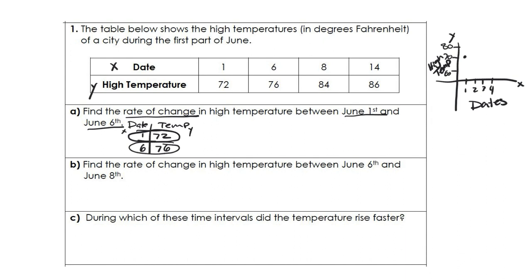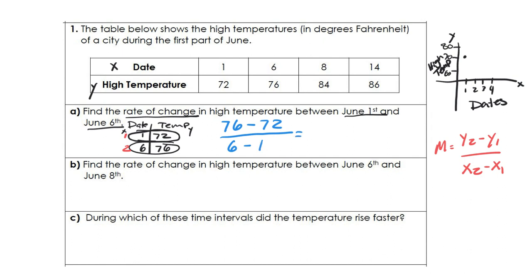So now let's remember the formula I need to use. Slope equals y2 minus y1 over x2 minus x1. Here's group number 1, here's group number 2. So y2, 76, minus y1, which is 72, over x2, which is 6, minus 1.